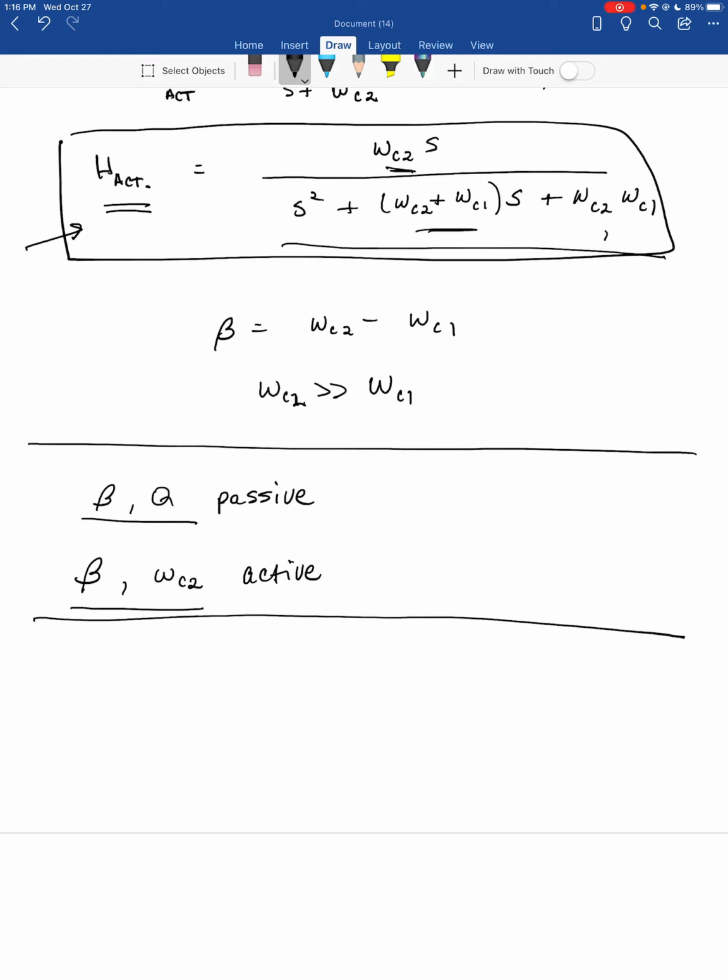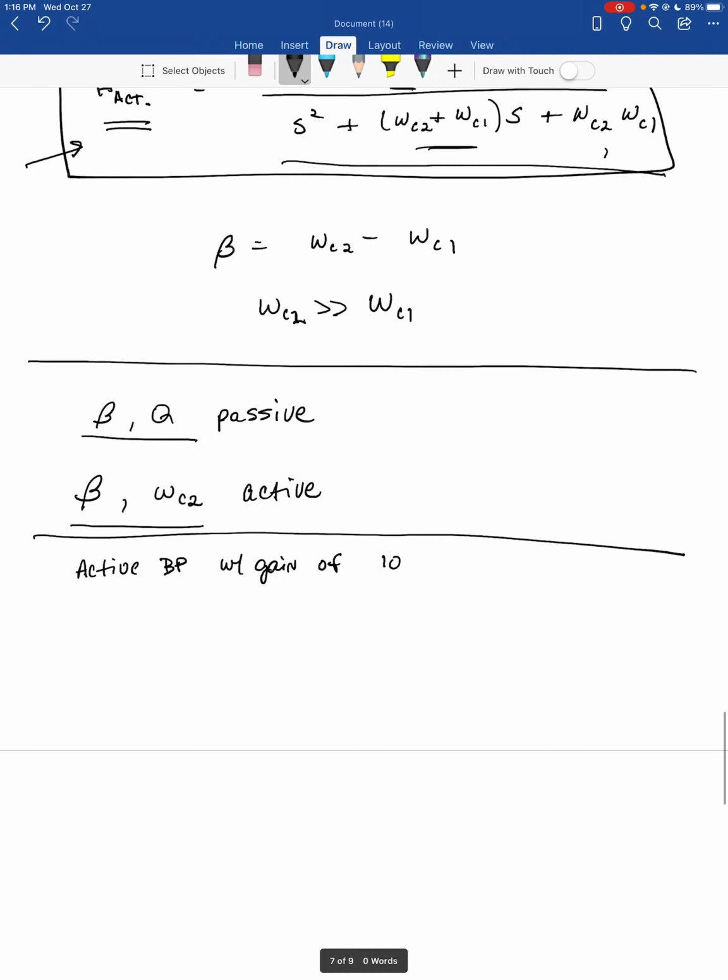The other thing you could be asked to do is you could be asked to design an active bandpass with a gain. And we'll just put it in terms of ratio. We won't put it in dB at this point. So in that case, you would have your low pass filter, just like what we designed above, and a high pass filter.